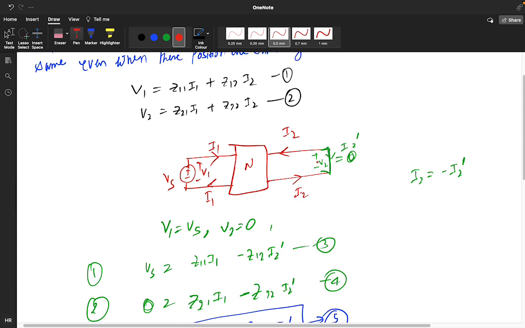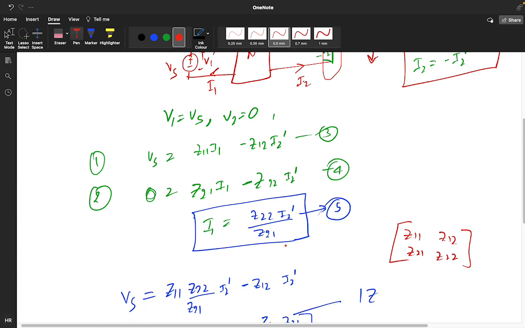In the first case, we make it a short circuit, and we take some current I2 dash in the downward direction, and these directions are opposite. That means I2 is equal to minus I2 dash.